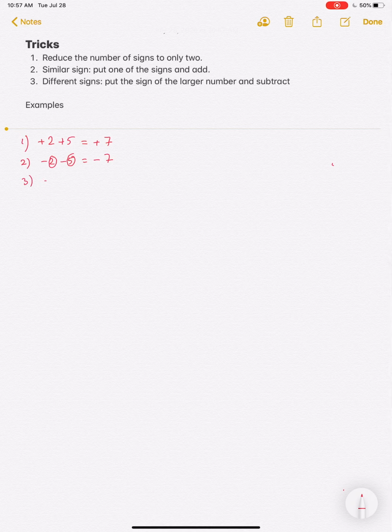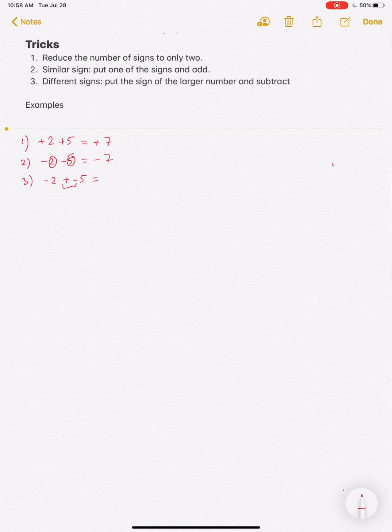Number 3. What if we have negative 2 plus negative 5? Now we have 3 signs. Whenever we have 2 consecutive signs, what I want you to do is multiply them. Remember the previous video from last time?